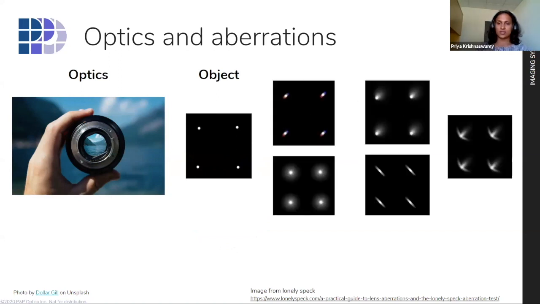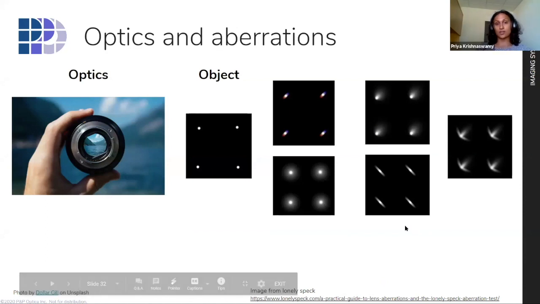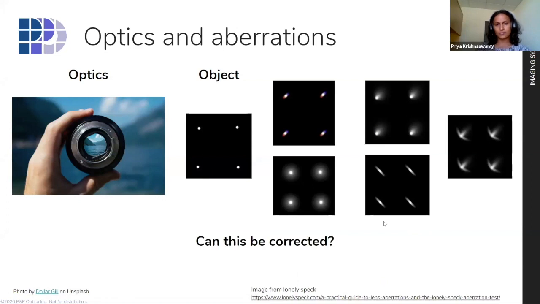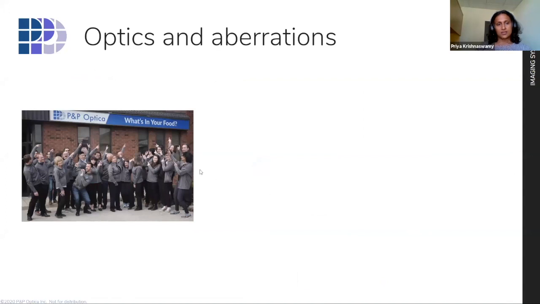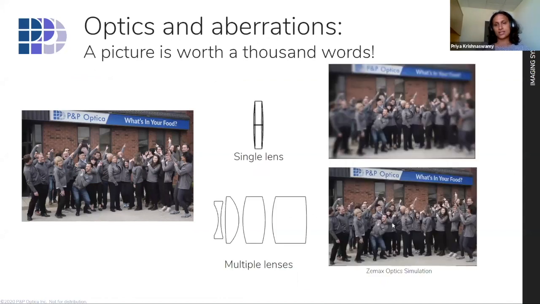However, there's a whole lot of aberrations that go into optics, and these are aberrations which, if not taken seriously, are not going to help us get a well-resolved image. So the question is, can this be corrected? This is a picture of people at PPO, and I would say a picture is always worth 1,000 words. This is a simulation that I have run through Zemax.